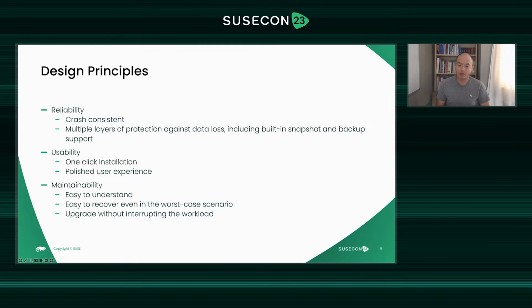We also want it to be really easy to maintain. The first thing is that to be easy to maintain, it has to be easy to understand, and I will explain more how Longhorn works later. Also, it has to be easy to recover, even in the worst case scenario. Because of how Longhorn was designed, it's really hard to lose your data.